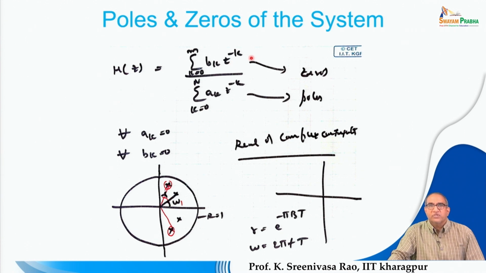And here the roots of the polynomial in the numerator are known to be the zeros of the system, and the roots of the polynomial in the denominator are known to be the poles of the transfer function, the poles of the system. Why? If you take the numerator polynomial and derive its roots, then at the root locations, that means if you plug in the root for that particular factor, either quadratic or linear, this entire expression becomes 0.